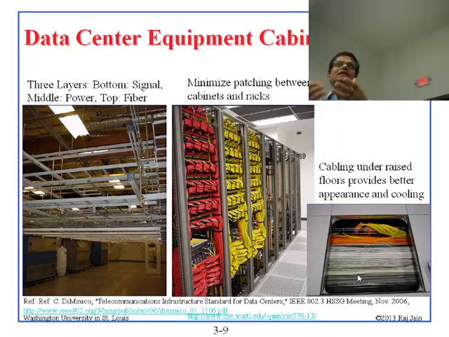Your Ethernet signals go through the bottom layer, and then next is power, and the top layer is fiber. I really don't know why the order is this, but this is how it is right now. I would have thought that the Ethernet would be as far away from power as you can get, but they are very close to each other, middle and bottom.